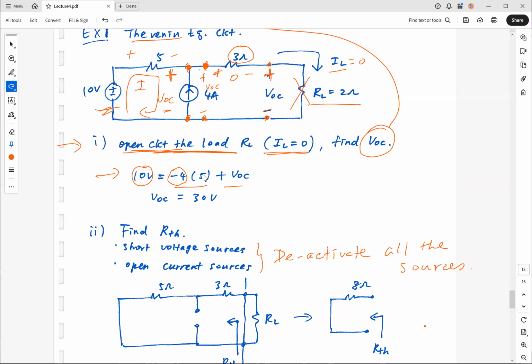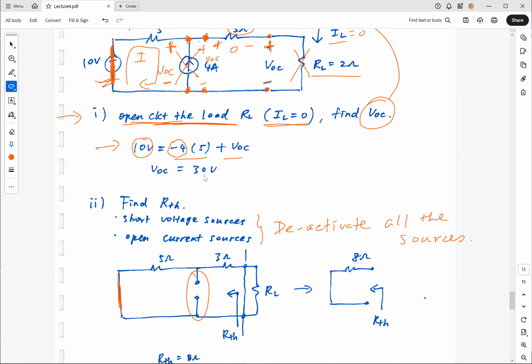A current source will be replaced by an open. So we short the voltage source and we open the current source. To open the current source, I simply cross it out.